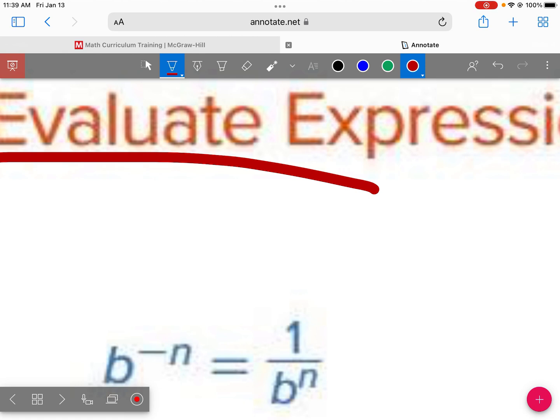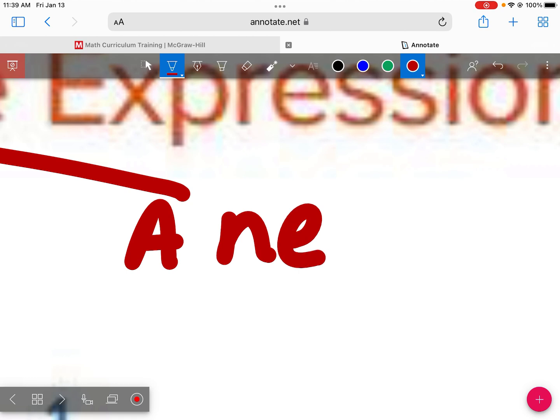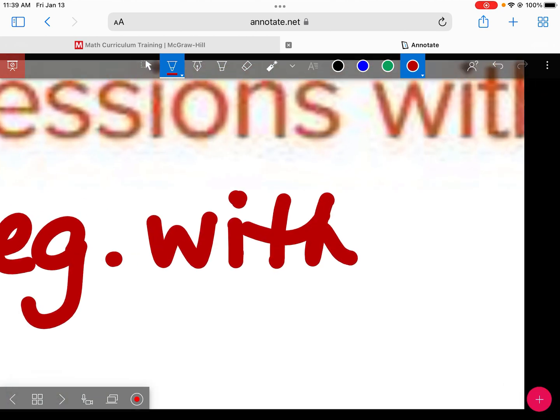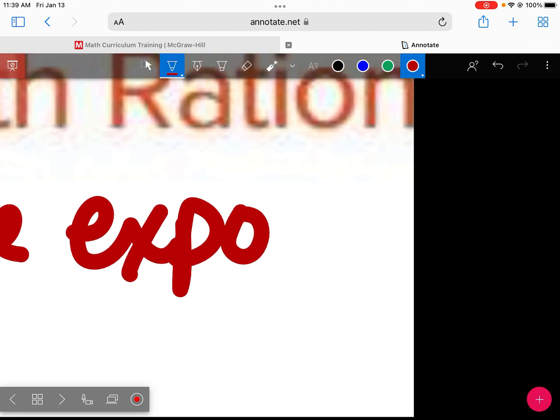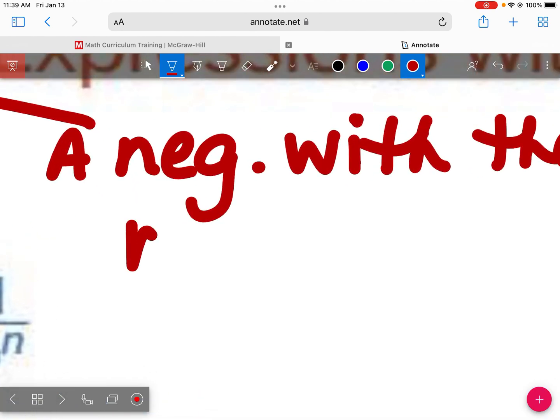Do you guys see that negative with the exponent? A negative with the exponent means to write it as the reciprocal.